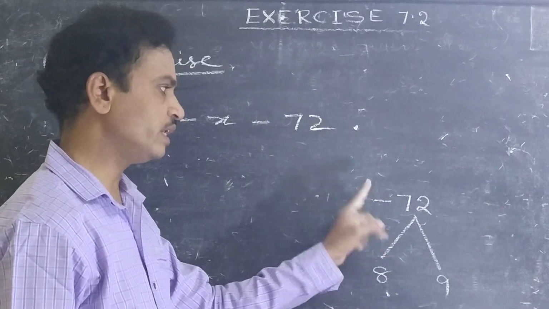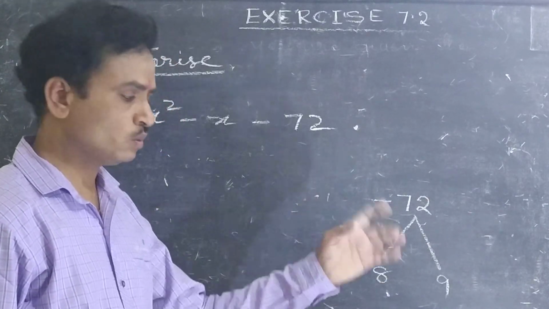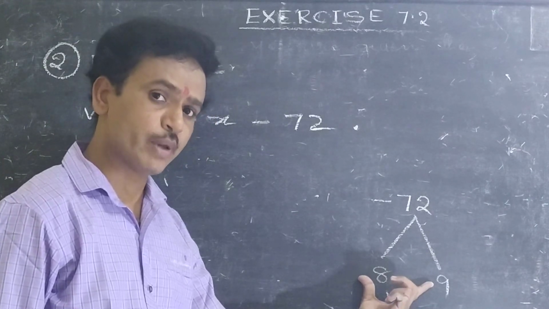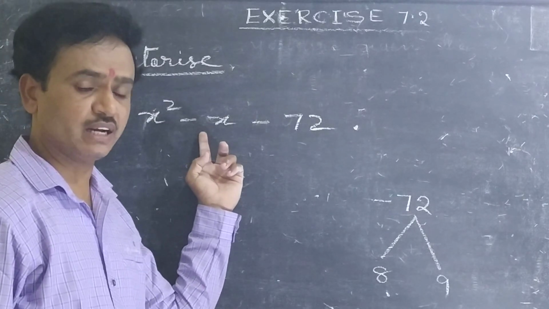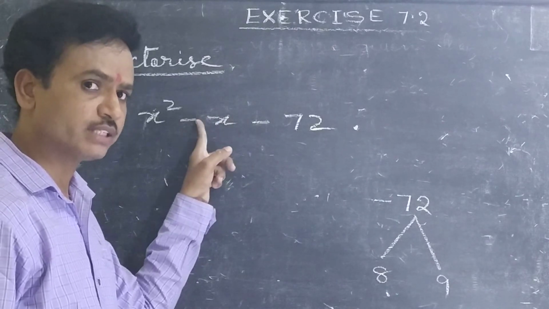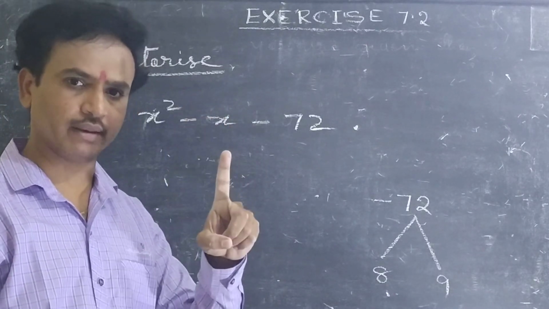But here we want a negative sign. So on which side should we take the negative sign? It depends upon the second term. What is the second term here? Minus 1. Here the coefficient of x is not given, so we consider it as 1.